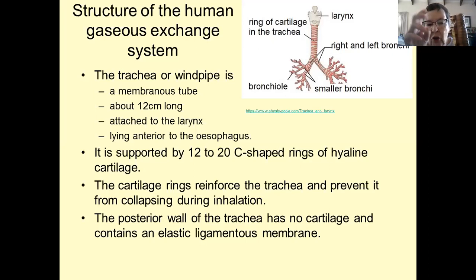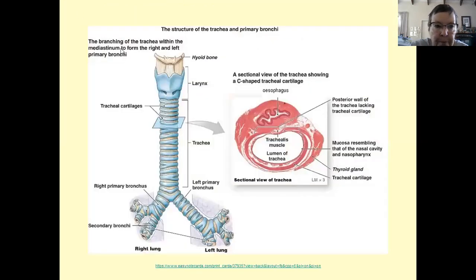And they always say into the trachea, but it's not into the trachea. It just pushes the little membranous part of the back here inwards into the trachea so that the food can pass down the esophagus. So the cartilage rings reinforce the trachea and prevent it from collapsing during inhalation. The posterior wall of the trachea has no cartilage and contains this elastic ligamentous membrane. That is a soft membrane.